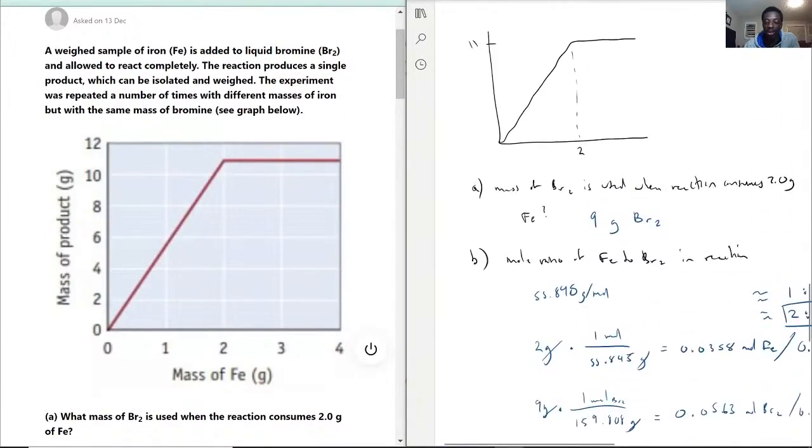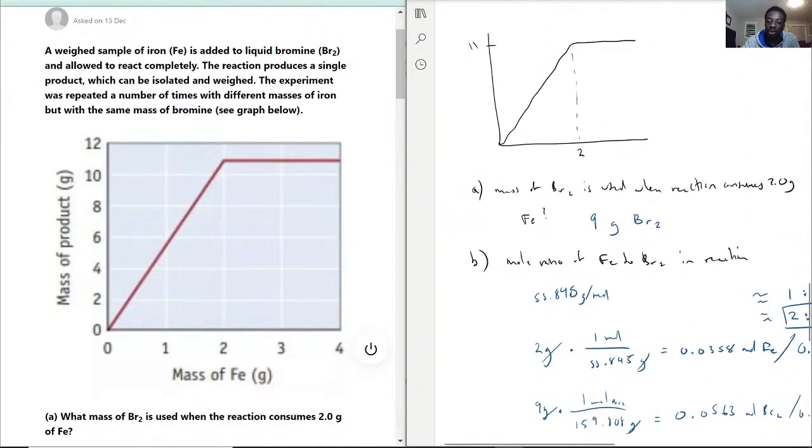When it hits a plateau, like right here, it's because we've run out of bromine gas. Here, in this whole increasing part, not the plateau yet, iron is the limiting reagent.